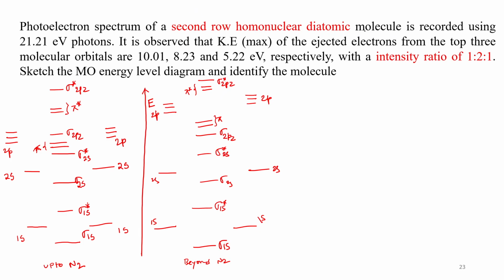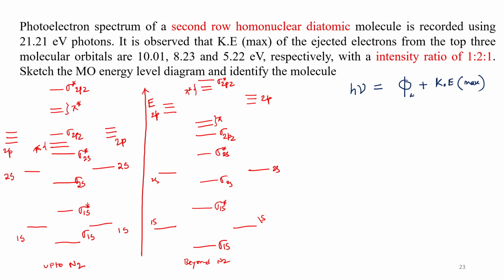Now the molecule is recorded with 21.21 electron volt. Here the photoelectric effect, Einstein's: h nu of the incoming photon equals the work function plus the kinetic energy of the electrons, where the work function is that of the metal from where the electron is coming.